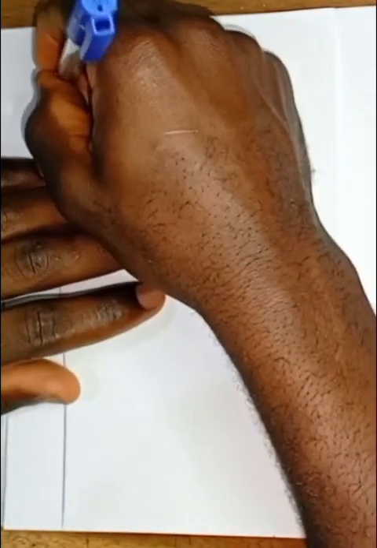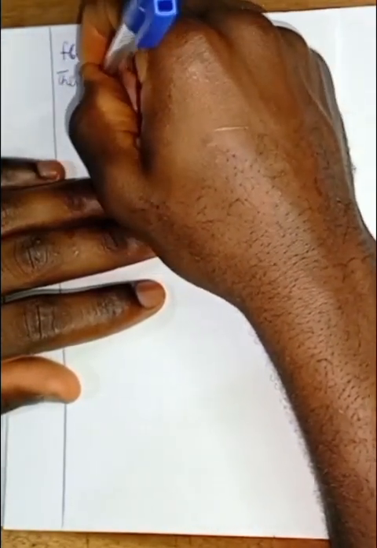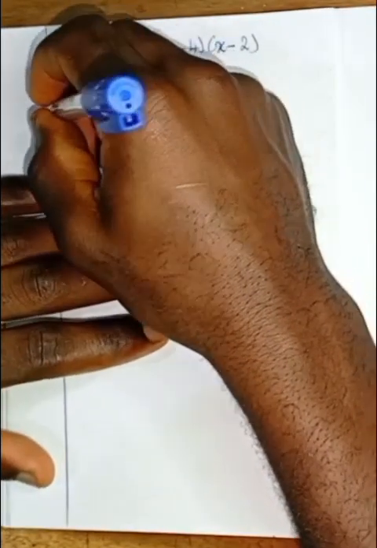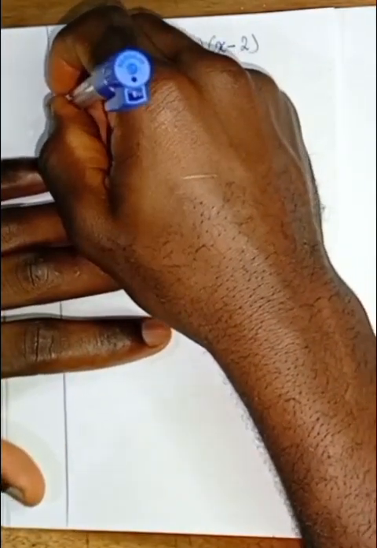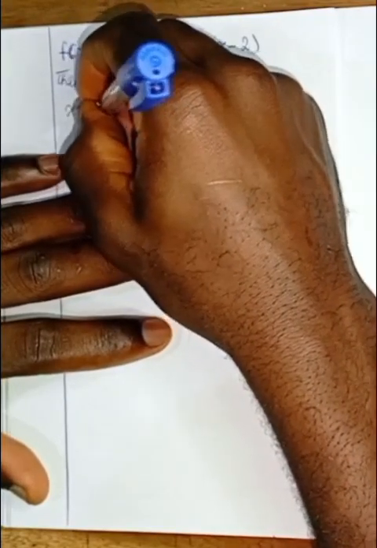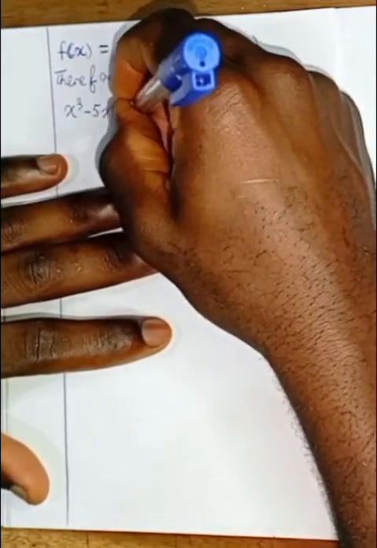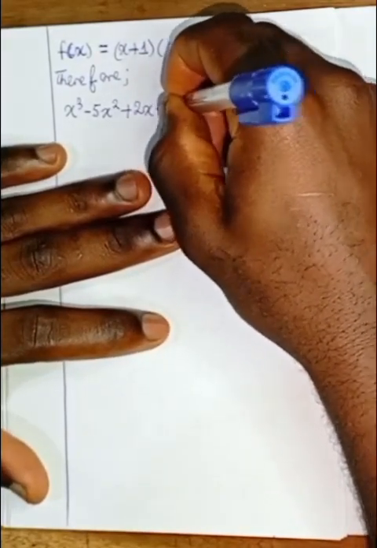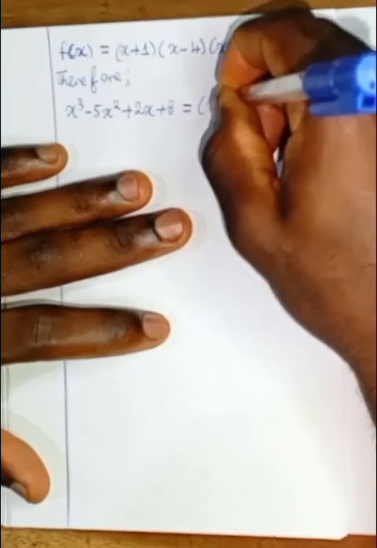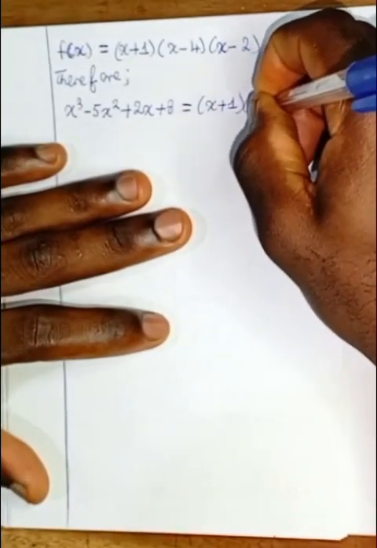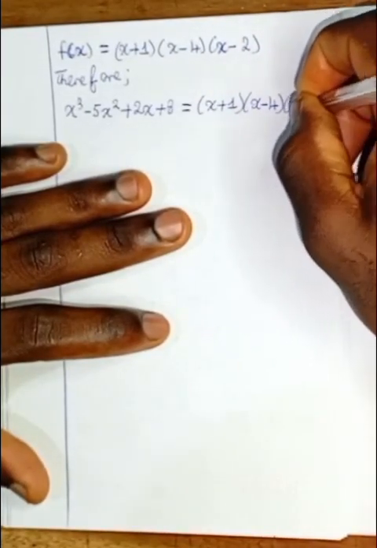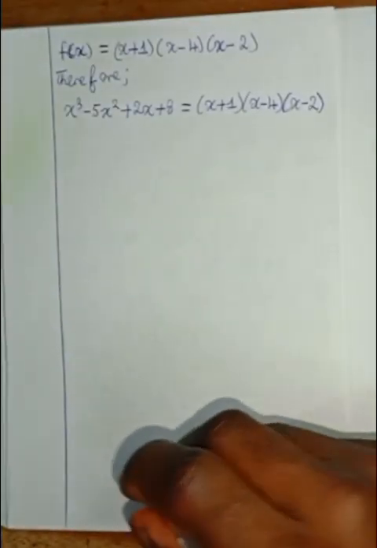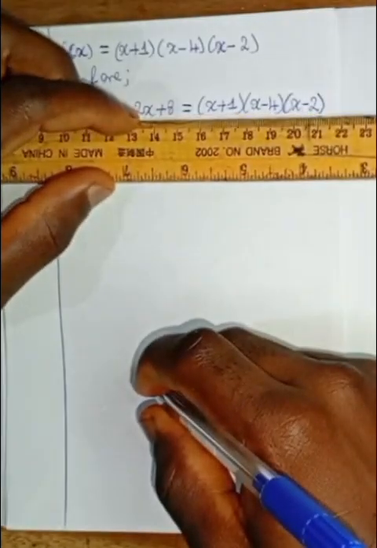We are going to conclude therefore the polynomial x cubed minus 5x squared plus 2x plus 8 is the same as x plus 1 times x minus 4 times x minus 2. You can see it is a product of linear factors.